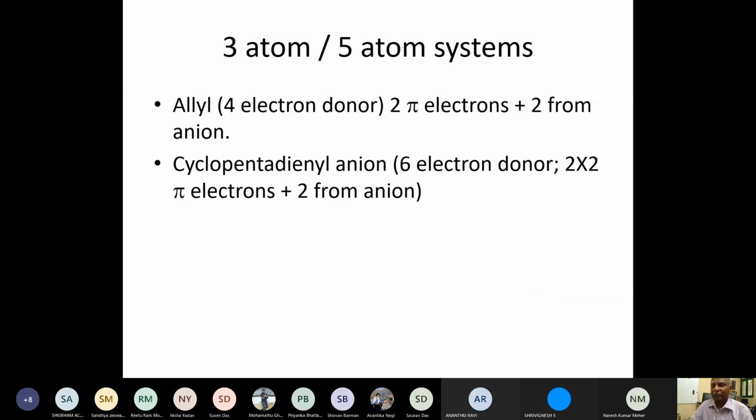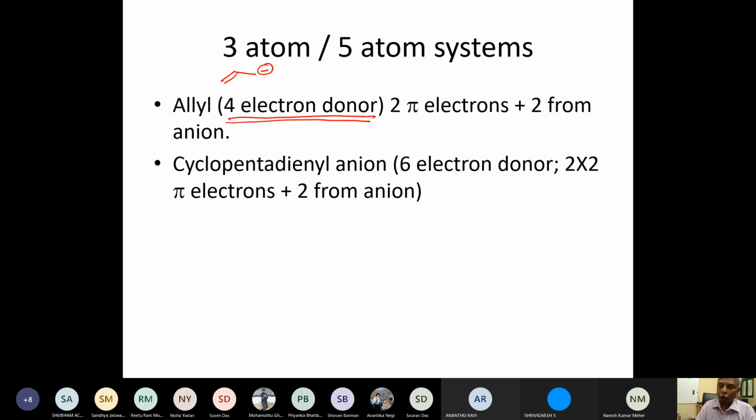Now, when you go to 3-atom and 5-atom systems, we do a similar jugglery as far as allyl groups are concerned. For the allyl group, we consider that as allyl minus, and so we consider that as a 4-electron donor. The allyl group can also be a 2-electron donor if the double bond is not interacting. So the allyl group is a bit ambivalent.